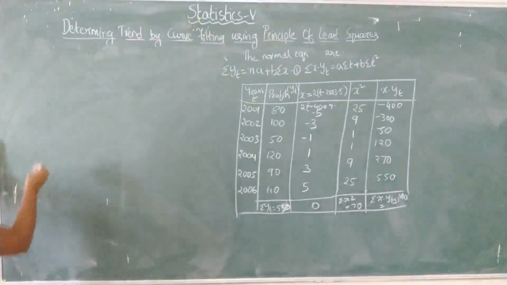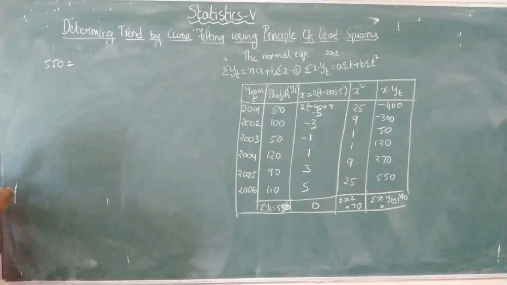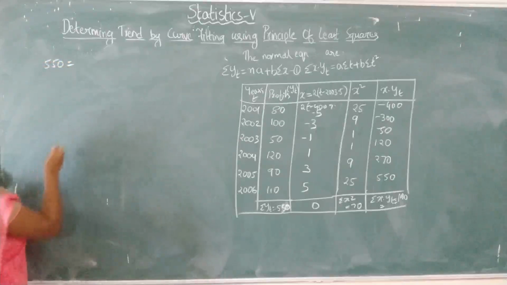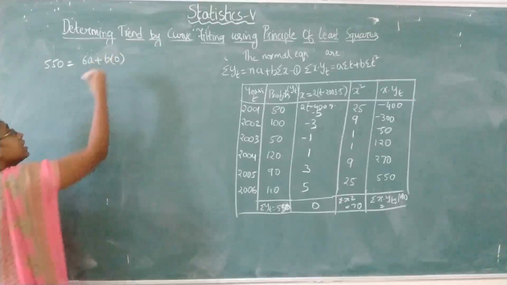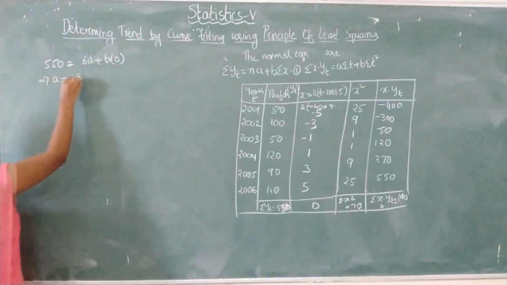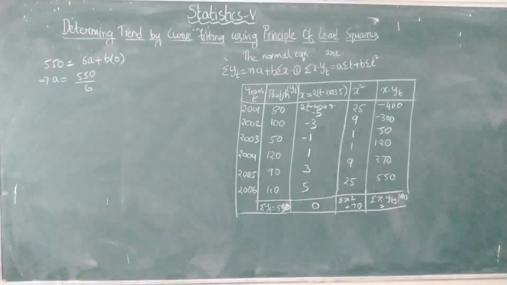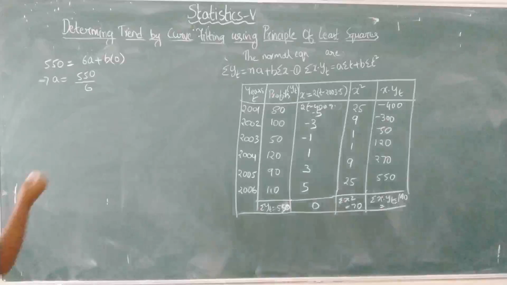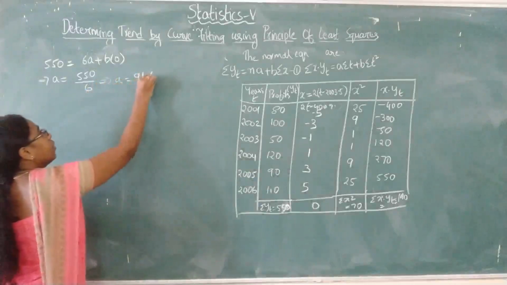Summation yt, that is 550, equals na. So n value here is 6. So 6a plus b into summation x, which is 0. So from this, what is the a value we are going to get? 550 divided by 6. If you divide 550 by 6, we get a equals 91.67.